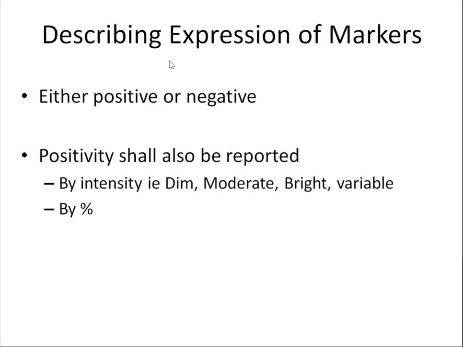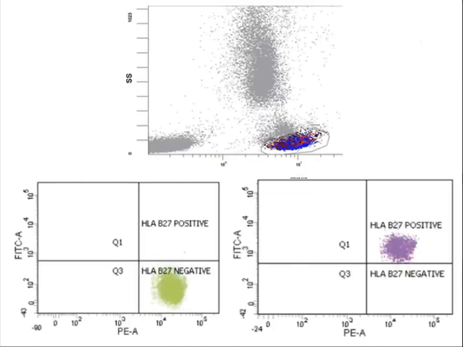Now, the example for the first one, describing the expression of markers. This is a good experiment, HLA-B27. What I need to do is check whether the lymphocytes are showing HLA-B27 or not. Do you know what HLA-B27 is? HLA-B27 is an MHC class 1 molecule.